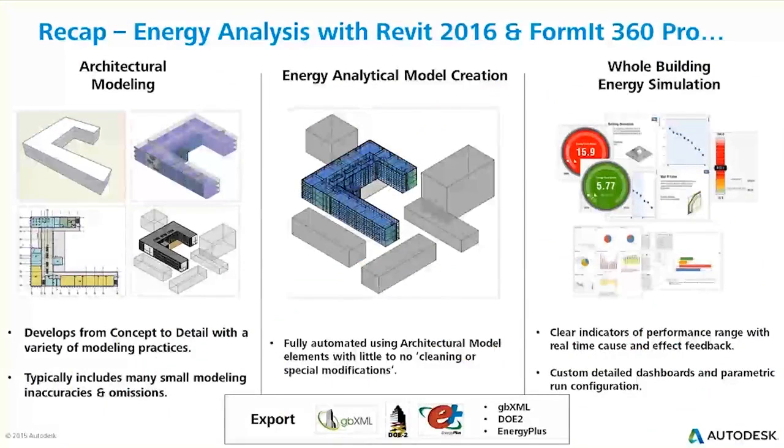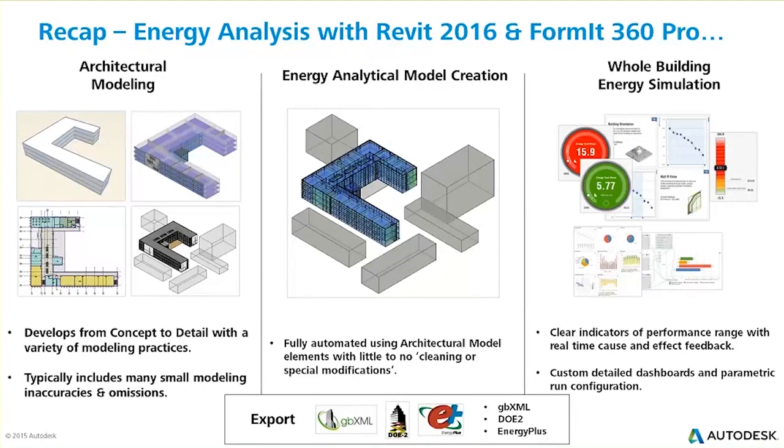So then just to recap, just to go back and look at everything I could have talked about before I stop for Q&A there. The overall thing is to remember that the main components of energy analysis, whether it's in Formit or in Revit, is the first component is architectural modeling.